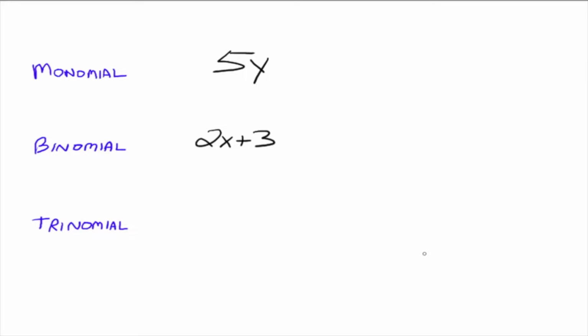It's a polynomial that has 2 terms in it. And then a trinomial, brilliantly enough, is a polynomial that has 3 terms in it. And so we'd have something, say, like 4x squared plus 7x minus 2 would be an example of a trinomial. So we will refer to these names as well for these special polynomials: a monomial, binomial, and a trinomial, and they all fall under the umbrella of polynomials.